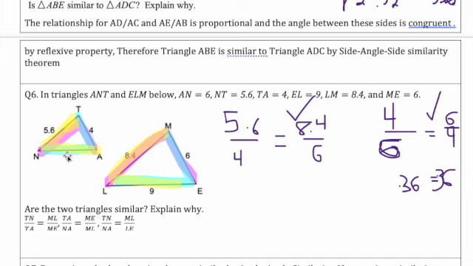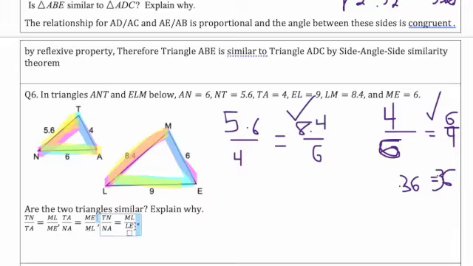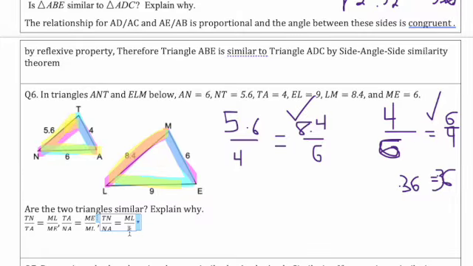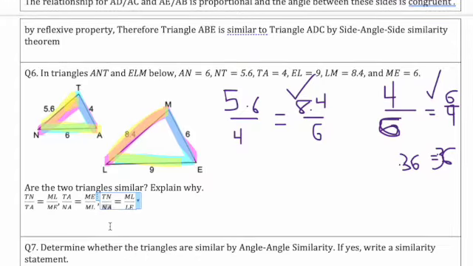So TN over NA, ML over LE. Okay, it's much easier when you're writing it because you can see each time you're writing it. It's a little harder when you're typing because you have to find each thing.